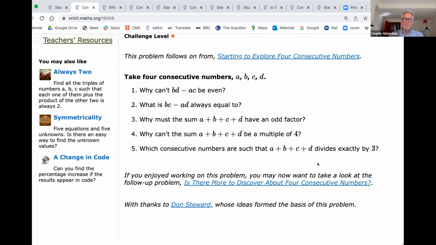Okay. So which consecutive numbers are such that a + b + c + d divides exactly by 3? And again, you might want to just try this numerically initially and see what you find. So before jumping into the algebra, I think when I was at school, we did algebra and it was in a vacuum, no context to it.